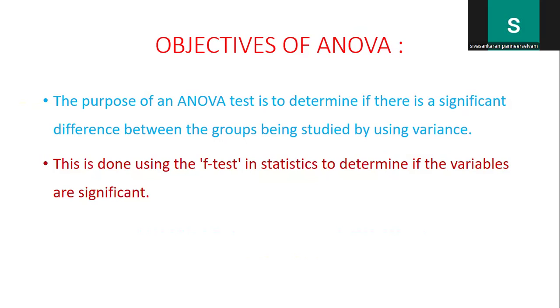How can we find out the significant difference between each group? Using the F-test in statistics. With the help of the F-test analysis, we can find out the difference between each factor in the experimentation.